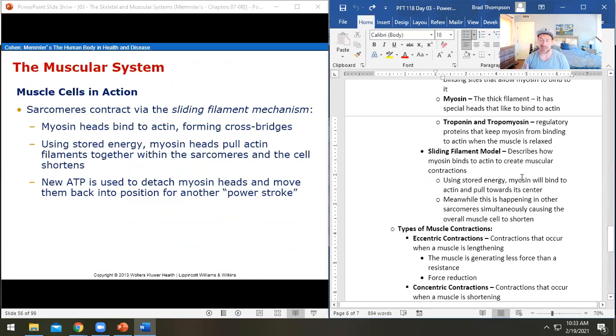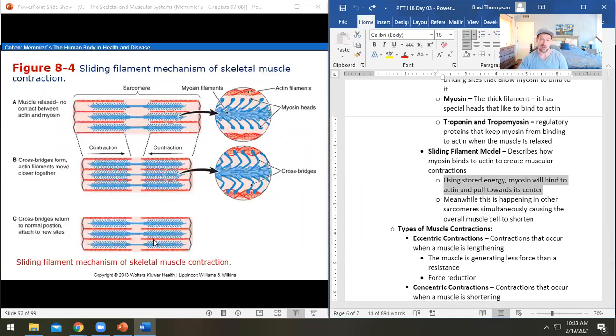This is happening in every single muscle cell inside of your body simultaneously whenever you create these contractions, right? It uses up a bunch of stored energy to pull it towards its center. That's happening in this sarcomere, and that one, and that one, and that one. And so the whole muscle cell gets shorter simultaneously, okay? So you can kind of see that right here.